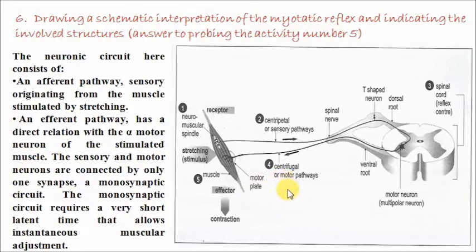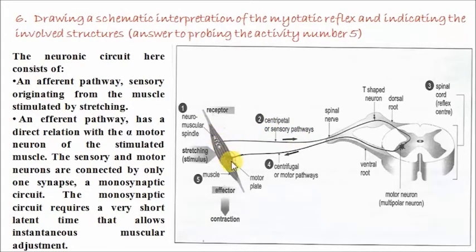Now here, let me call your attention to the presence of two pathways. That is, the neuronic circuit here consists of two pathways. An afferent pathway, and by now you know that the meaning of afferent is sensory. So as you would observe here, number 2, centripetal or sensory pathway, which is coming from where?